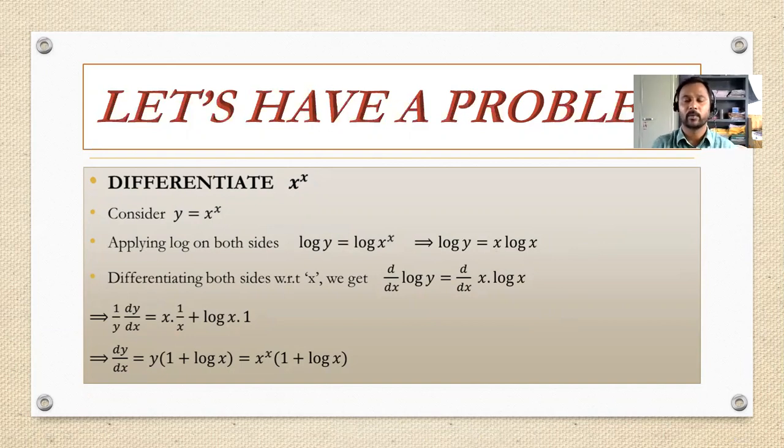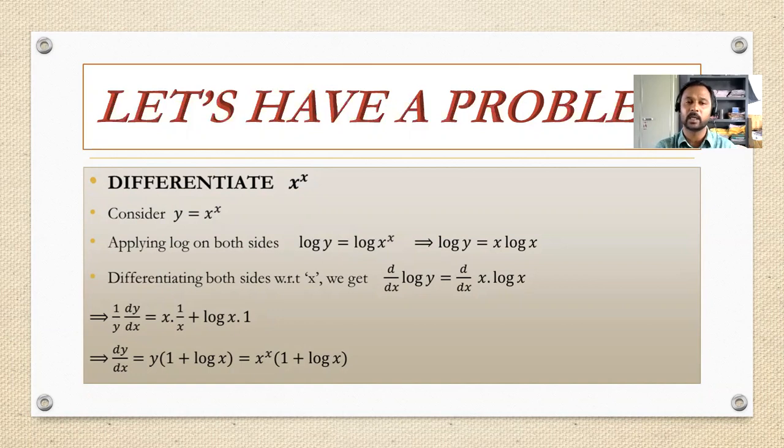After applying the power rule of logarithm, directly differentiating both sides with respect to x, we get d by dx of log y is equal to d by dx of x log x. D by dx of log y is implicit, because we are differentiating a function of y with respect to x. Applying implicit differentiation, the derivative of log y is 1 by y into dy by dx.